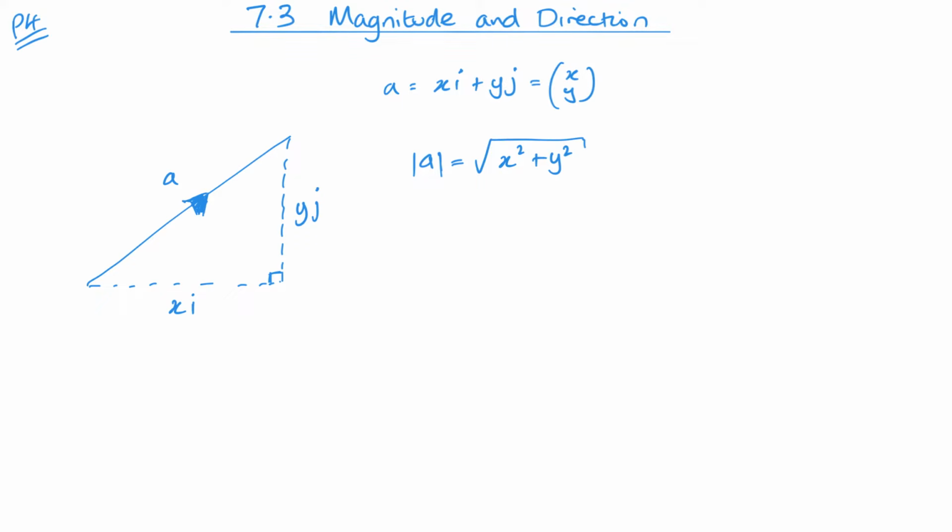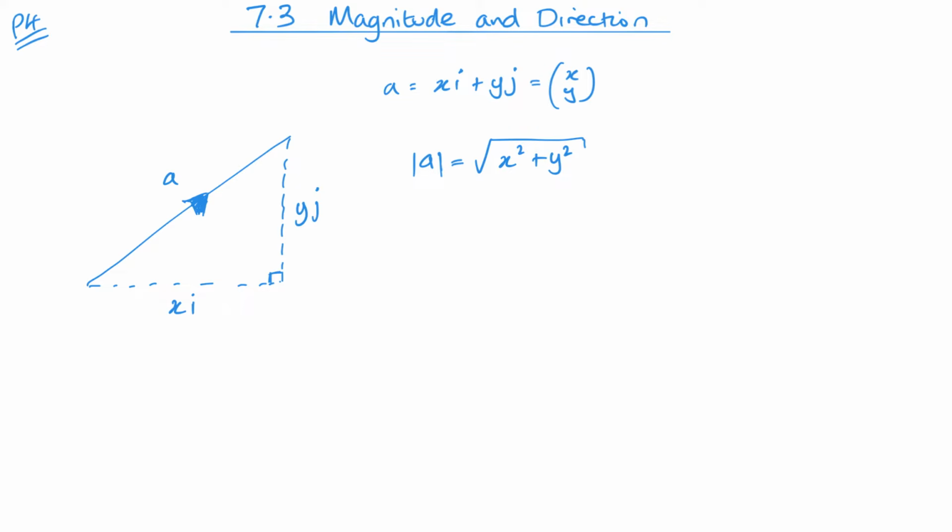It's the x distance and the y distance. Remember that the value of i and the value of j just mean units in that. i is just units in the horizontal direction, and j is units of length in the vertical direction. So it's the number in front of them that's important.